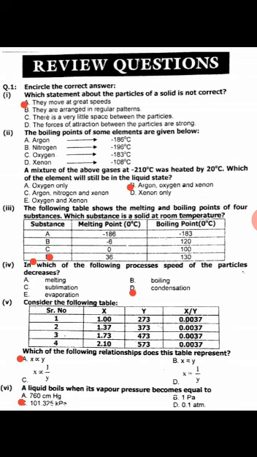A liquid boils when its vapor pressure becomes equal to its atmospheric pressure, as you know very well. Remember this line. So 760 centimeter of mercury, here is a mistake, you can say that.